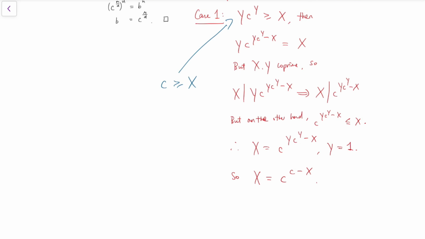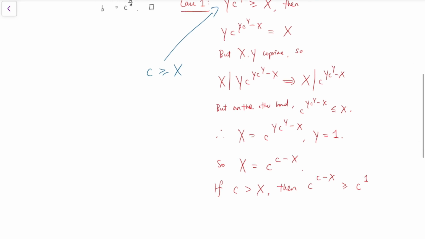So again, I'm going to separate this into two. The first is that c is strictly larger than X, and the second case will be c is equal to X as well. If c is strictly larger than X, then c to the power c minus X will be at least c to the power 1, because the difference of c and X cannot be 0, it's at least 1.